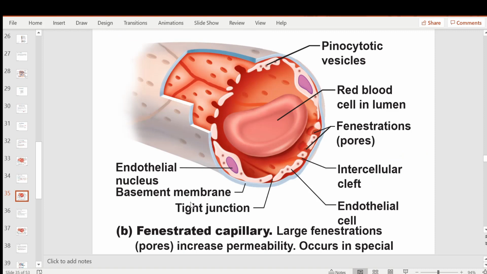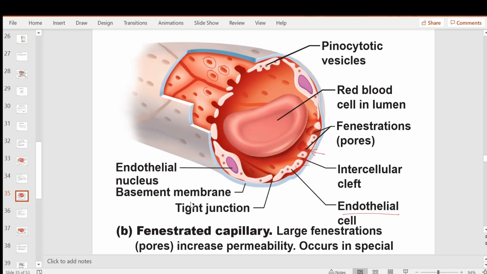So here you see the picture of a fenestrated capillary. So you see the endothelial cells in the wall, and in between the cells the space is larger. Here you can see larger space between the endothelial cells, as well as through the endothelial cell wall you have tiny pores or holes.